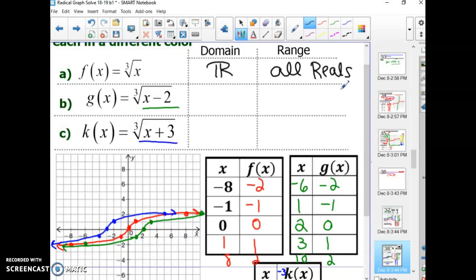This side is going down. Things look good. So everything is all reals, and I'm being lazy and not writing this down. These notations mean the exact same thing, right? And that means the exact same thing as negative infinity to positive what? Infinity. I'm going to give you guys like 10 to 15 seconds to get some stuff wrapped up, and then we're going to the next one.